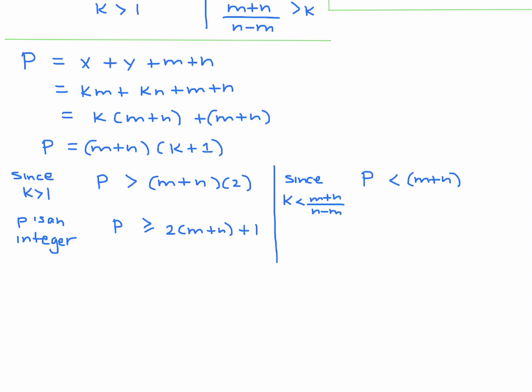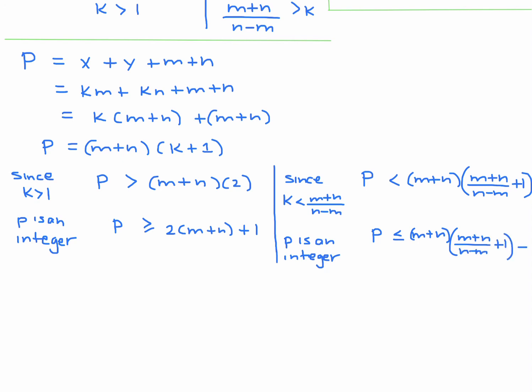We're going to substitute for that. So it would be M plus N over N minus M, and then don't forget about that plus 1. And in a very similar way, since P is an integer, P has to be less than or equal to M plus N times that M plus N over N minus M plus 1 minus 1.